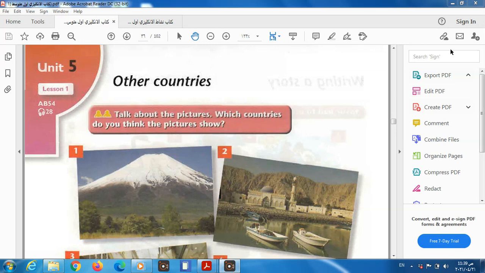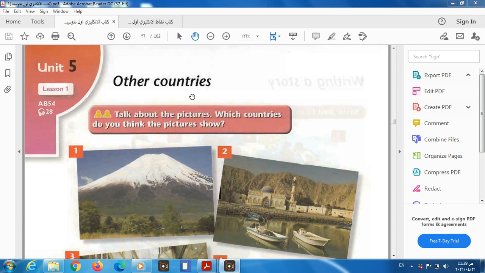How are you? Nice to see you again with Unit 5 for First Intermediate Student Book. The title of Lesson 1 is Other Countries. دول أخرى.